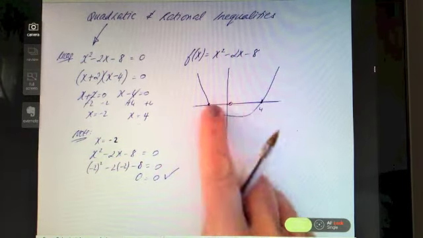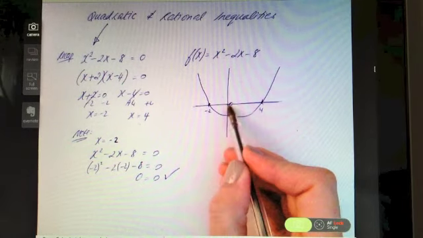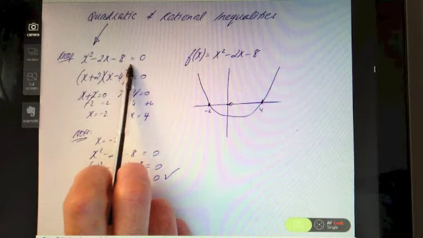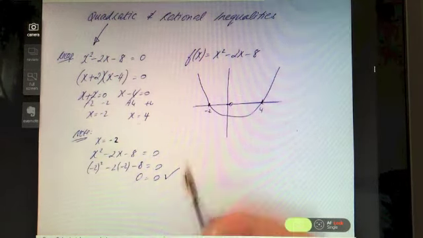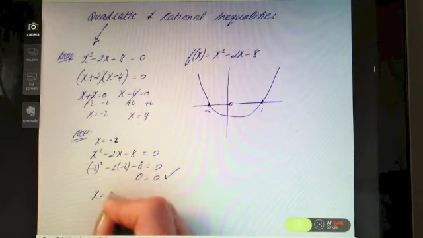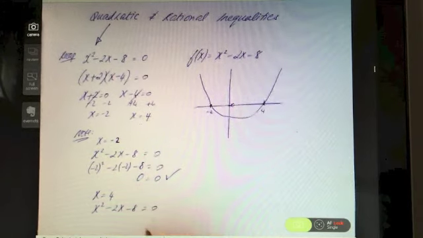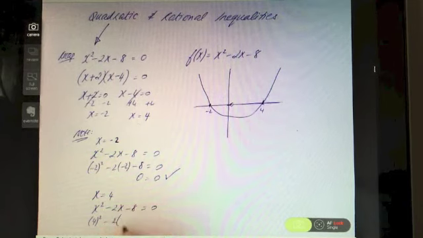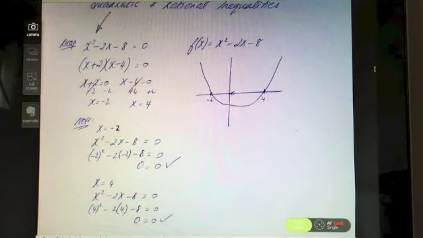Hence, graphically, it is where the quadratic cuts the x-axis. It is at 0 on the y, and that is a solution to the quadratic x squared minus 2x minus 8 equals 0. Likewise, when x is 4, if you sub that into your equation, this will also work out. Instead of x squared, you get 4 squared. Instead of minus 2 times x, you get minus 2 times 4, minus 8 equals 0. And you get, of course, 0 equals 0.